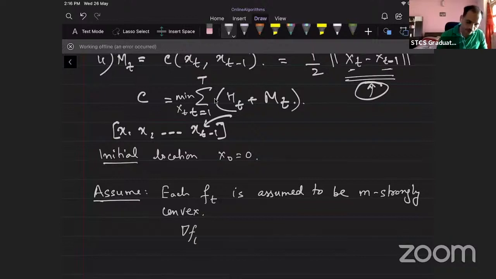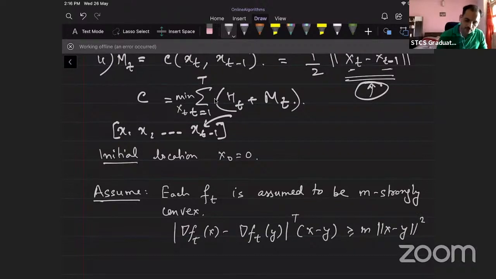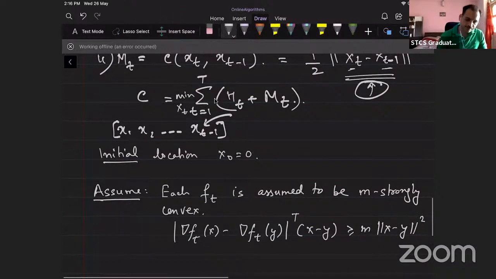That (del f_t(x) minus del f_t(y)) transpose (x minus y) is greater than or equal to m times the norm of x minus y squared. And all the norms I'm going to write are all two norms. So this is what is meant by each f_t being m strongly convex.